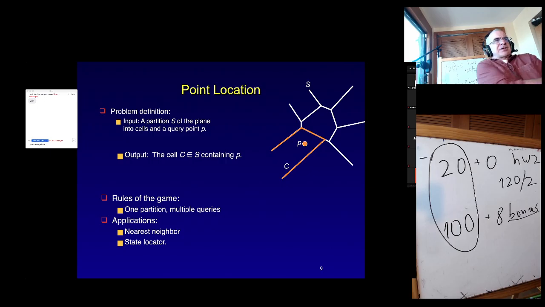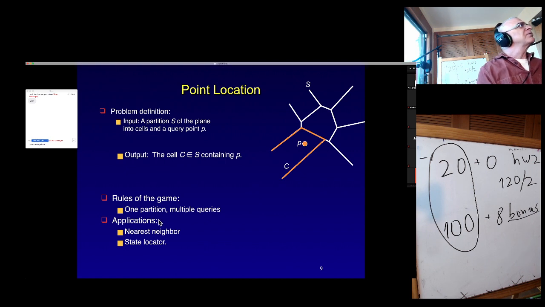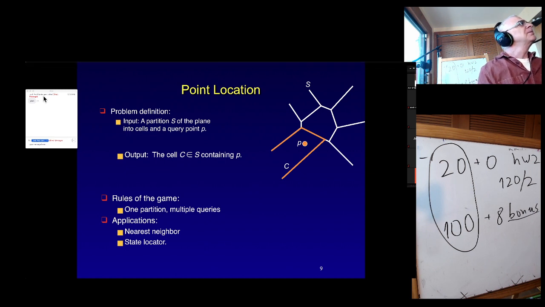And other applications, anybody but Amir see an application from graphics? We will start, or maybe somebody is trying to talk and I don't hear you.